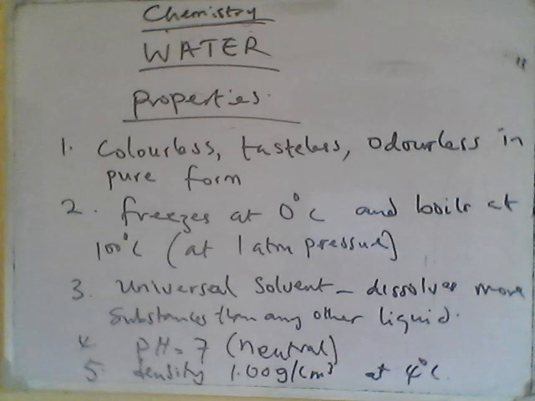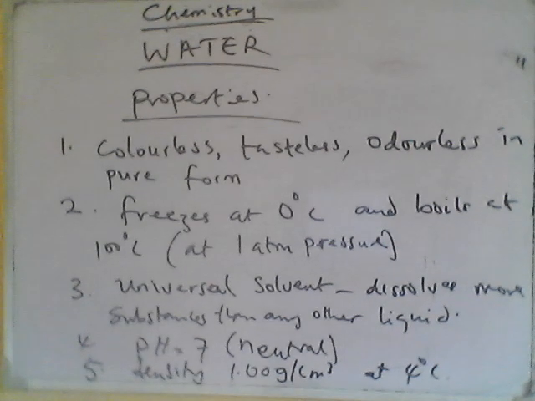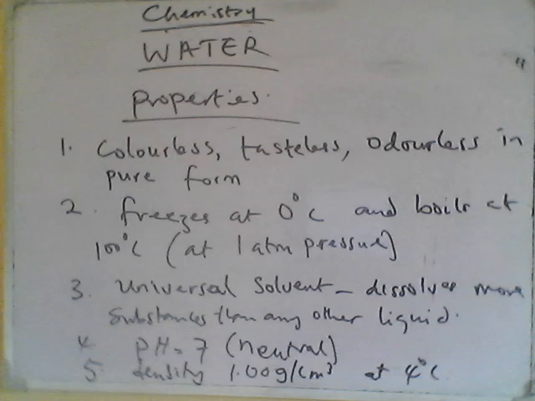So how do we test for water in the laboratory? We use anhydrous copper 2 sulfate. To test for water, you will use anhydrous copper 2 sulfate. It turns from white to blue when water is present.